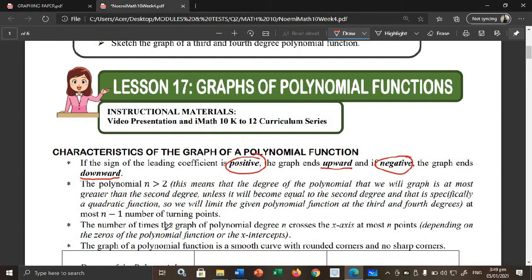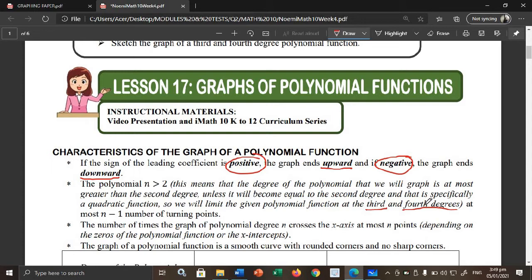Kapag kasi second degree, we all know that that is a quadratic function, and you already tackled quadratic functions in grade 9. So therefore, we will limit this lesson up to the third and fourth degree functions lang yung i-graph natin.